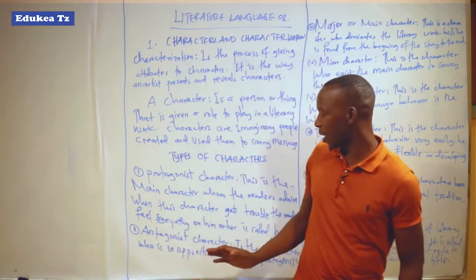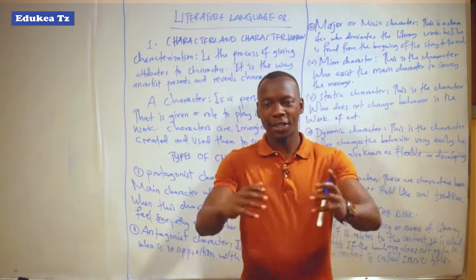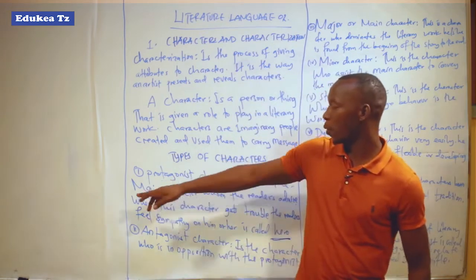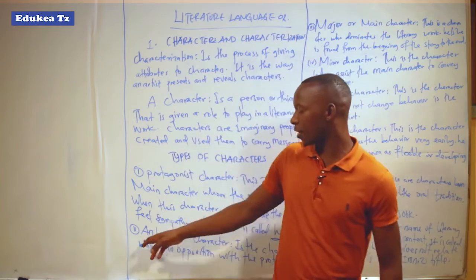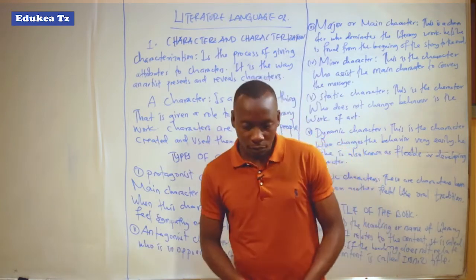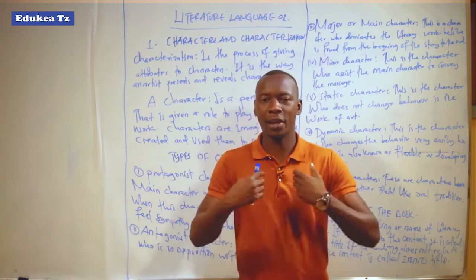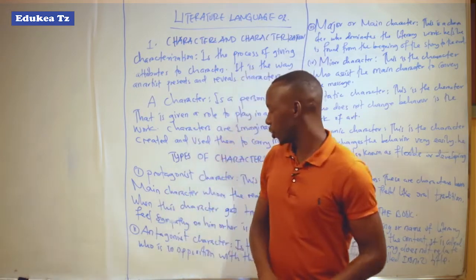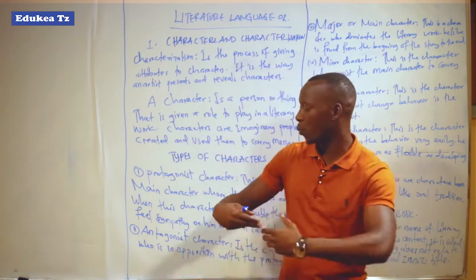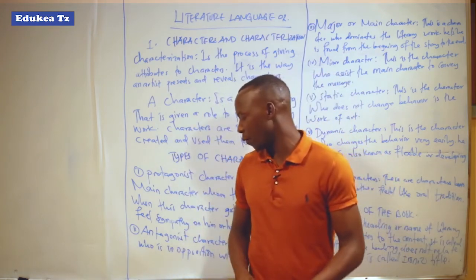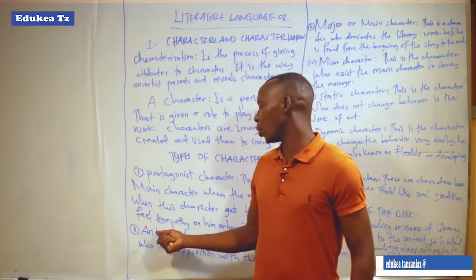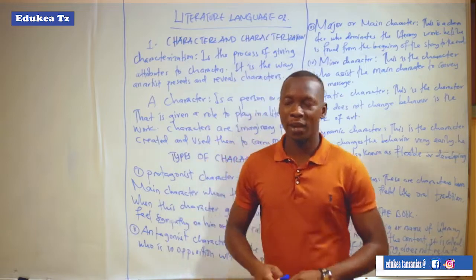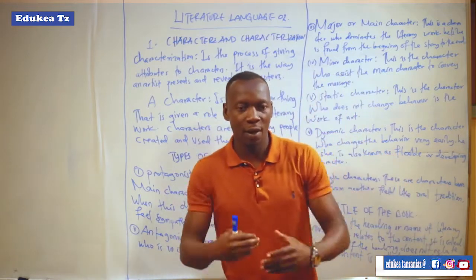But the antagonist character does not show what changes should take place, but opposes the protagonist character. This antagonist character does not make a revolution, and he does not encourage changes of environment or create development in a particular community, because he always opposes the protagonist character who is capable of dealing with the different problems that face the community.